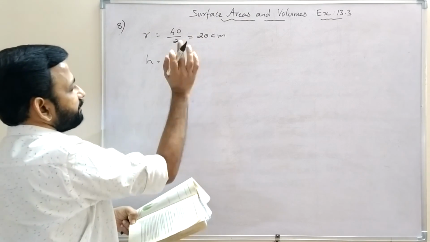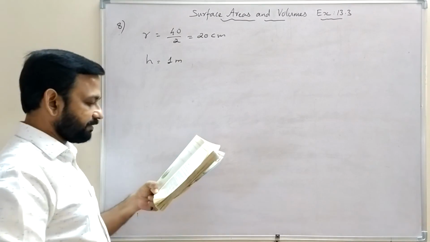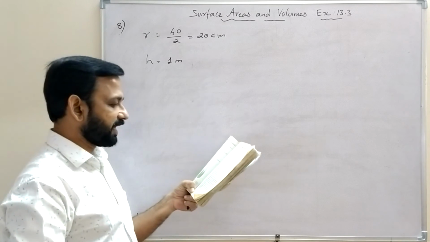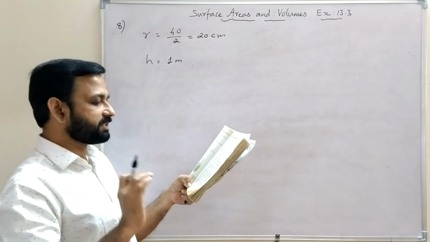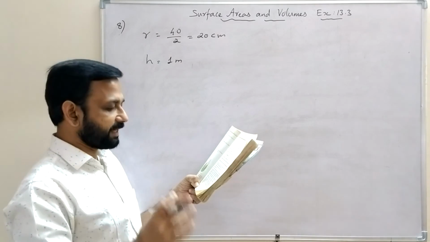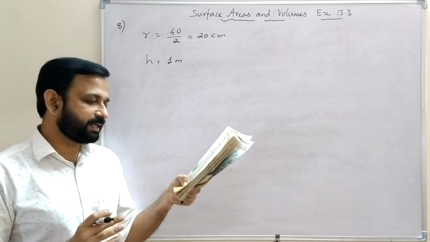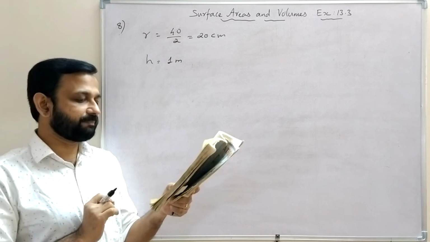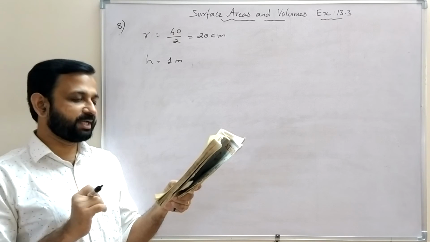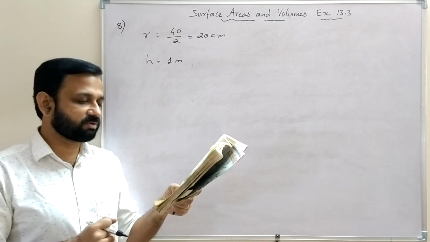So the units are different, so we want to make the same unit. Height 1 meter. If the outer side of each of the cones is to be painted and the cost of painting is rupees 12 per meter square, what will be the cost of painting all these cones? That is our question.